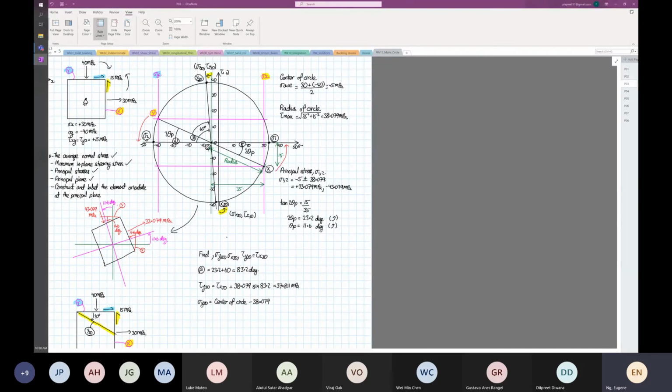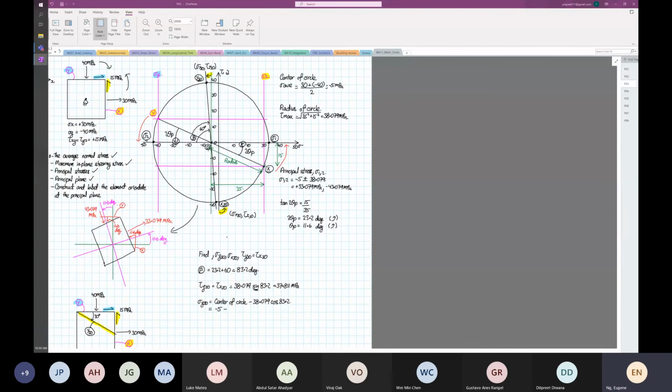So when that's the case, this will be equal to 38.079, and now it has to be cos, because you used sine already. That's why I do the shear stress first. So from here, the center of the circle is minus 5 minus 38.079 times cos 83.2. Give me another 2 minutes, I know you are dying for a break.